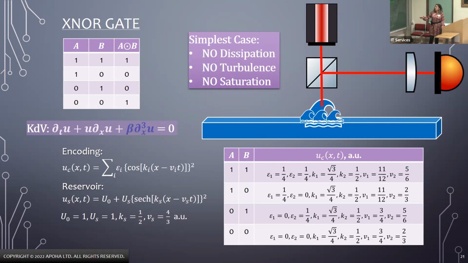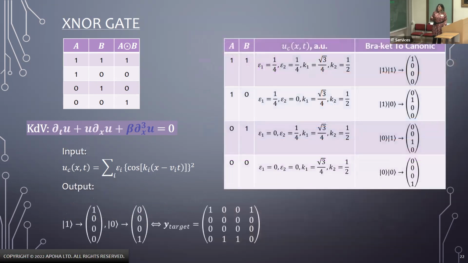So k1 for A and k2 for B, as you can see, is always constant, while the value of the amplitude encodes the value of the Boolean variable, 0 or 1. So when it's 0, you have absence of the wave, and when you have 1, you have amplitude 1/4. The soliton instead is fixed for any conceptual experiment we want to do.